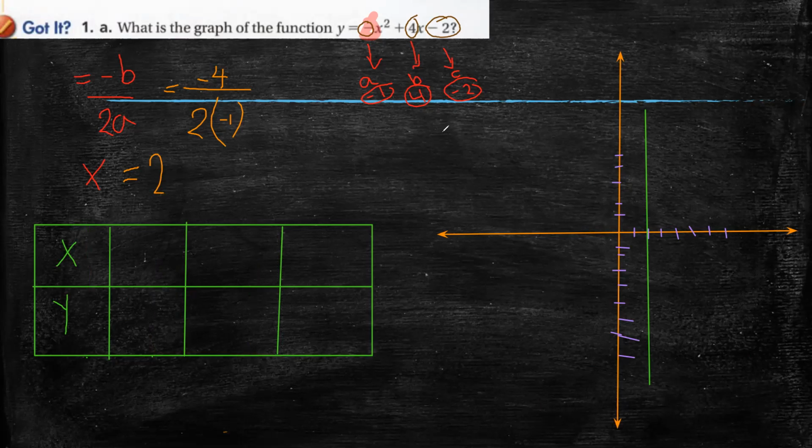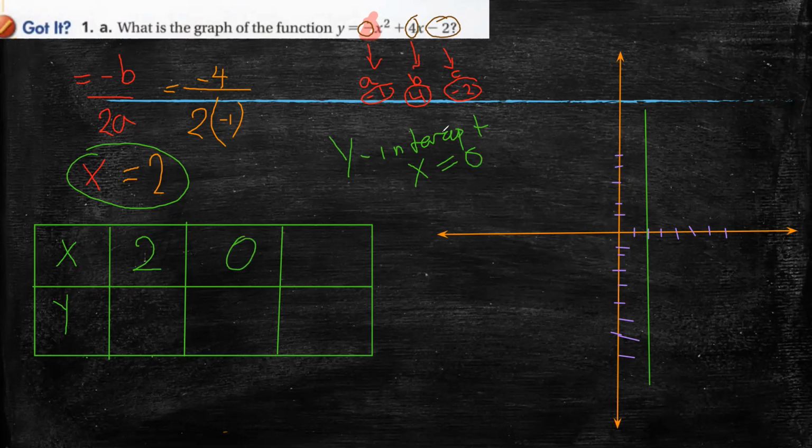So to graph a function, I need 3 points. There are 3 points for x. The first one is at x equal to 2. This is the first one. The second one we called the Y-intercept. What's the meaning of Y-intercept? Y-intercept means x equals 0.